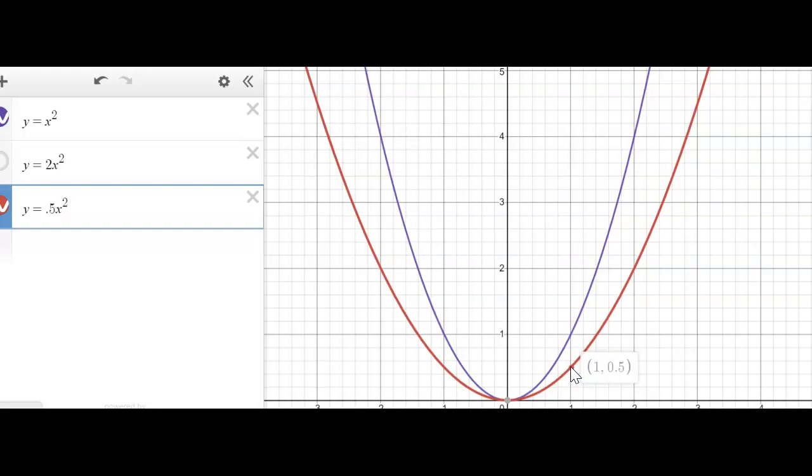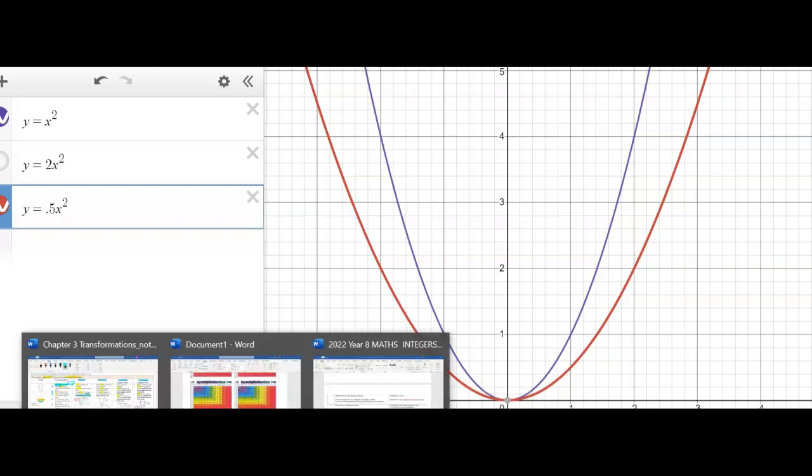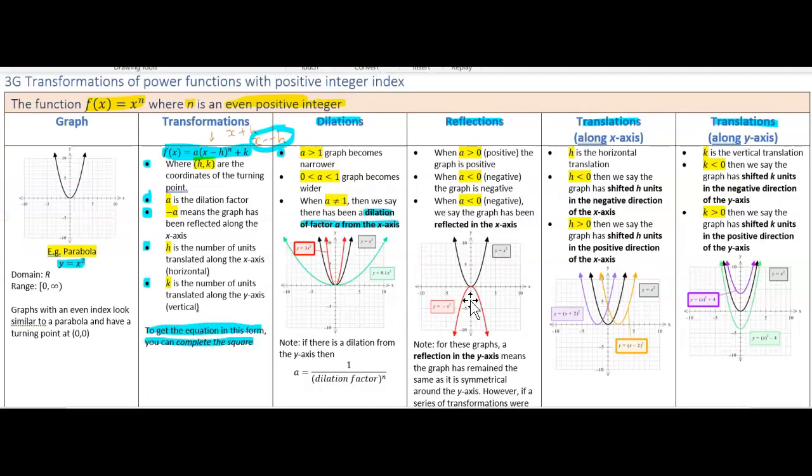So that's becoming wider. Let's go back to here and just make sure I don't miss anything. So we just looked at when A is between 0 and 1. And remember, if A was negative, it's going to be reflected, so we'll talk about that in the next column.